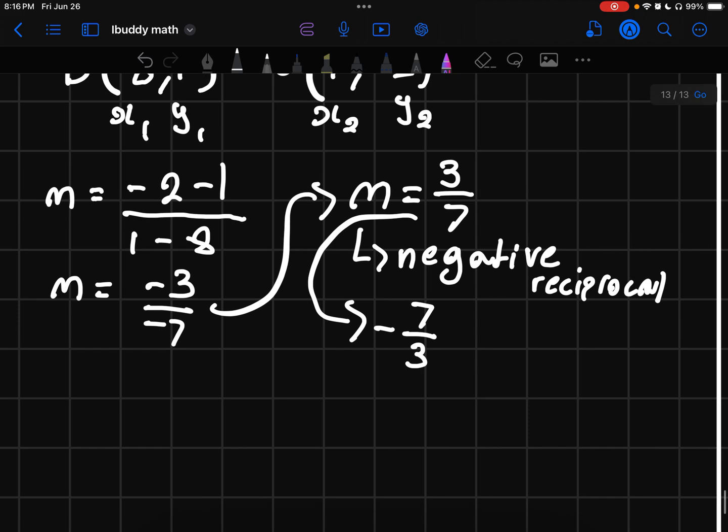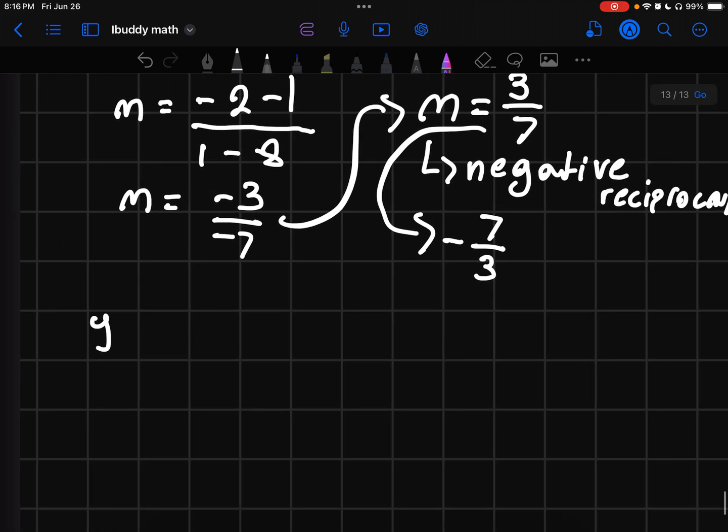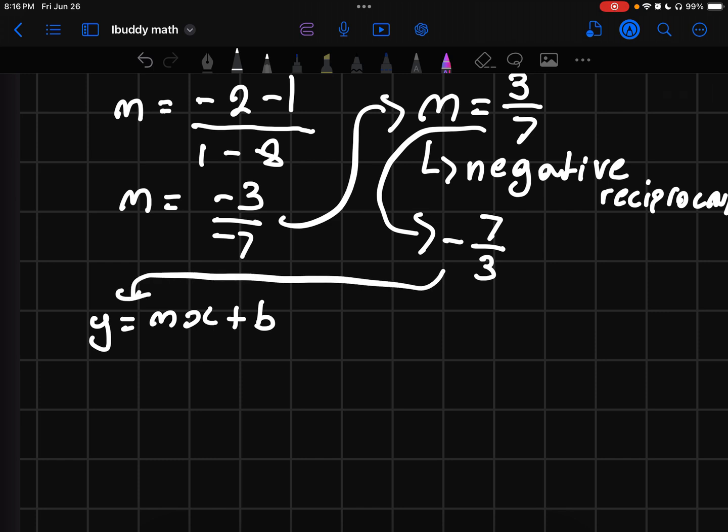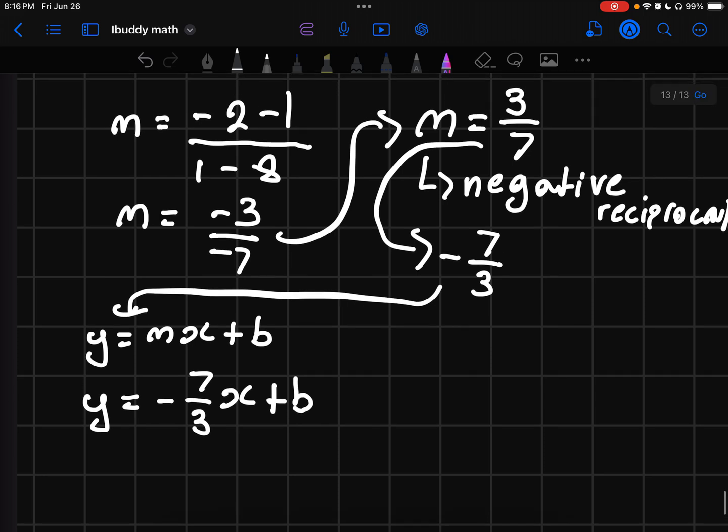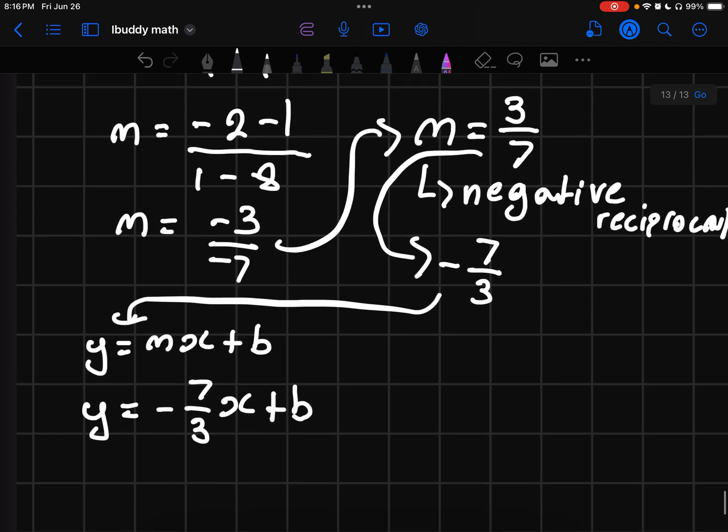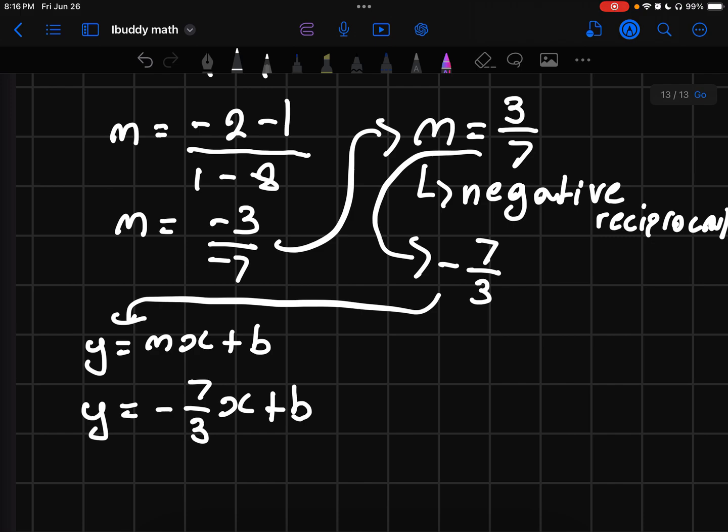And then you have to substitute this into y is equal to mx plus b. And that would turn into y is equal to -7 over 3x plus b. Now we have to substitute a point in to find b.